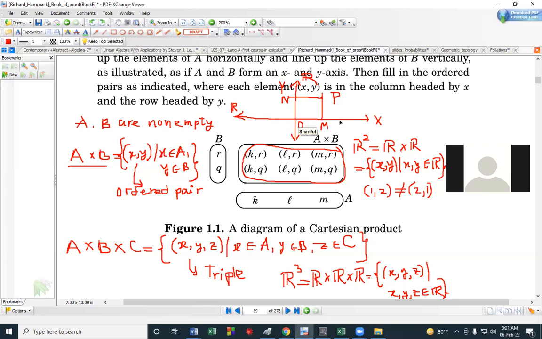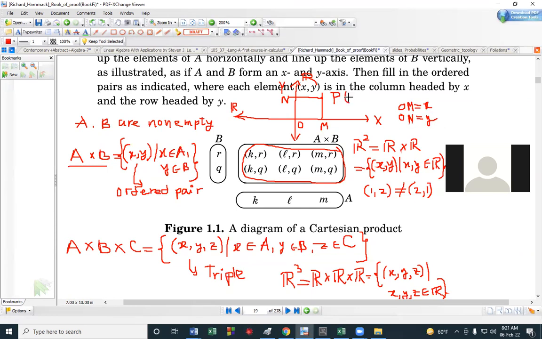Measure the length OM. Let's say this OM is measured X units. And the length ON is measured Y units.